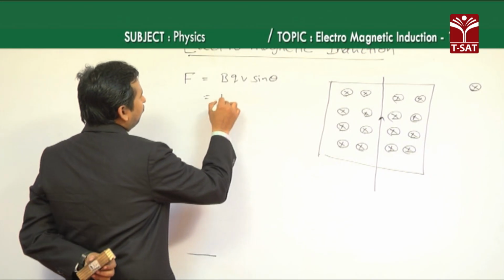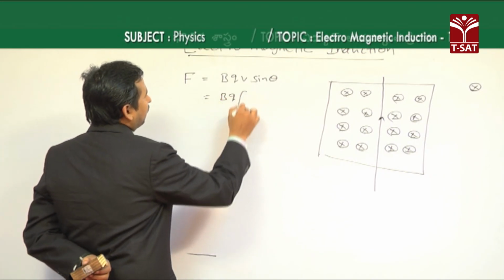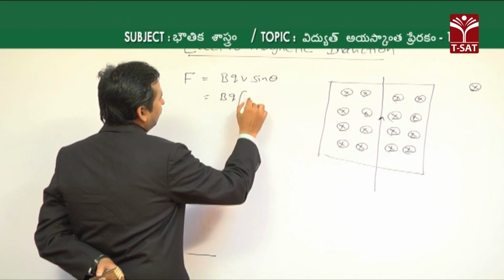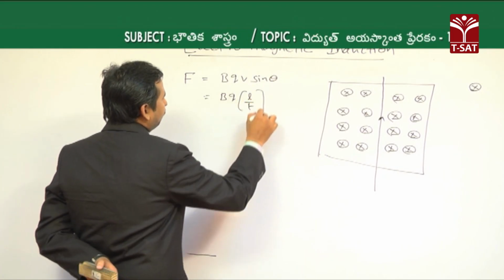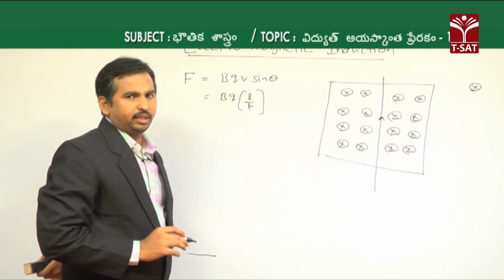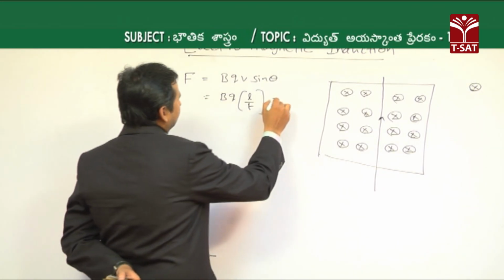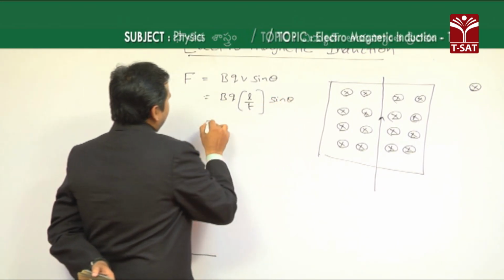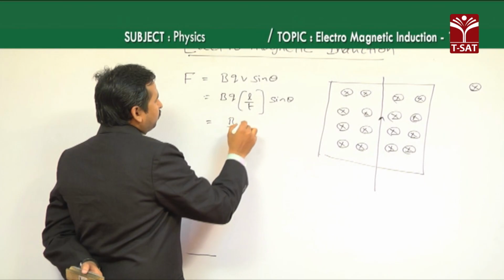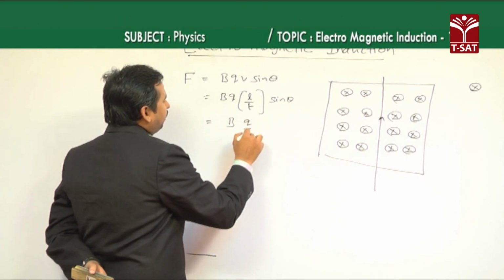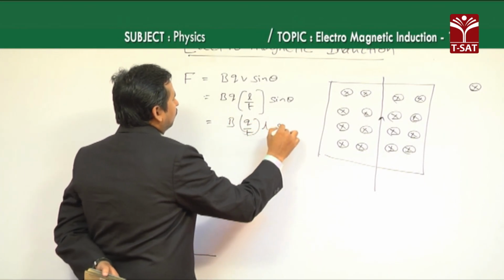So in place of this V, we can write displacement by time, which is length by time, L by T, sin theta. Then B into Q by T into L sin theta.